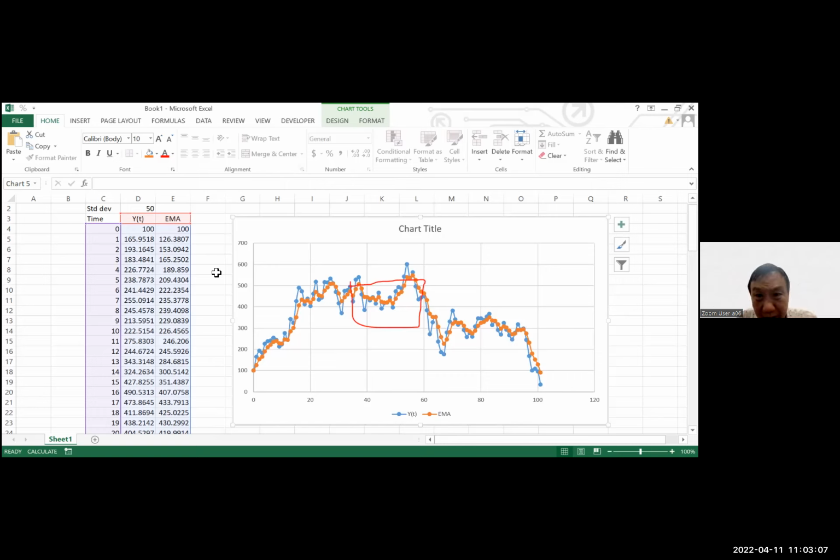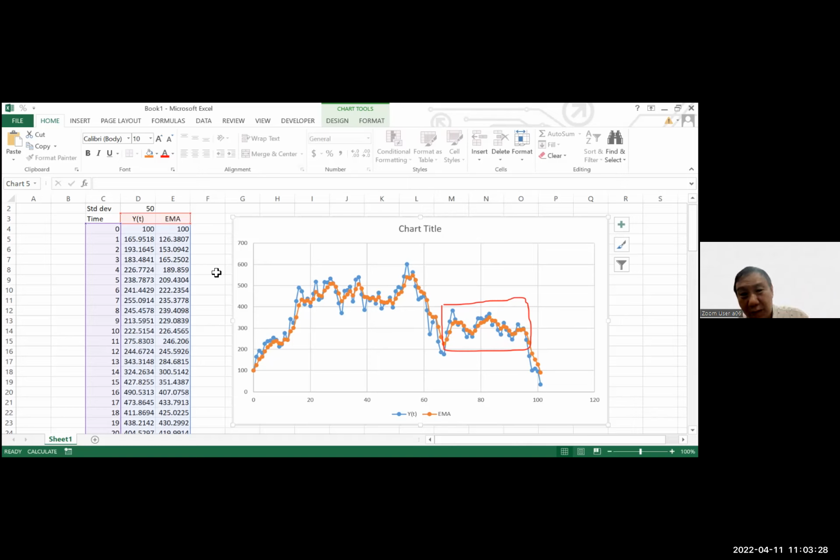The same in this example here. Can you see this window? Your data point is up and down, but the EMMA is slowly following that data pattern.